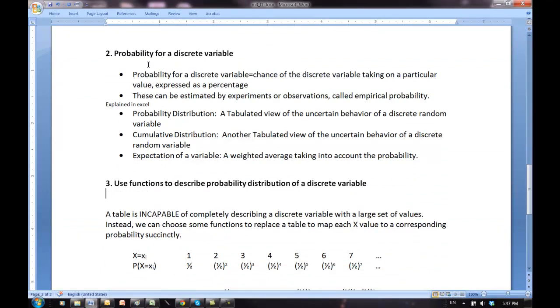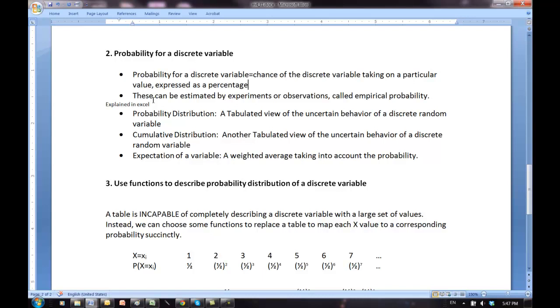So here we'll be discussing the definition of probability for a discrete variable. We'll leave the discussion of a continuous variable to a later lecture. The probability of a discrete variable is defined as the chance of that variable taking on a particular value, expressed as a percentage.